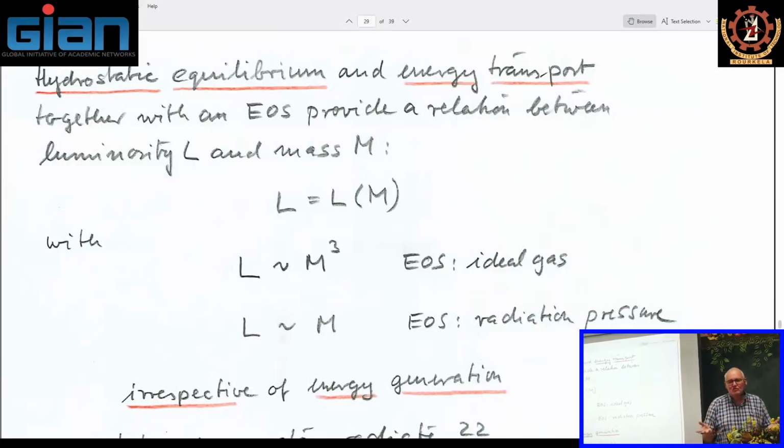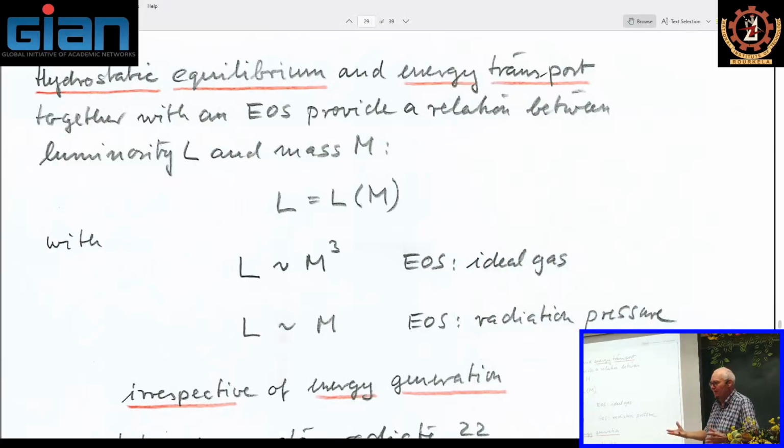Well, the energy sources a star can use: one energy source would be that it contracts, then it can release gravitational energy, and it can satisfy the prescribed luminosity-mass relation by simply using its gravitational energy and by shrinking or contracting.